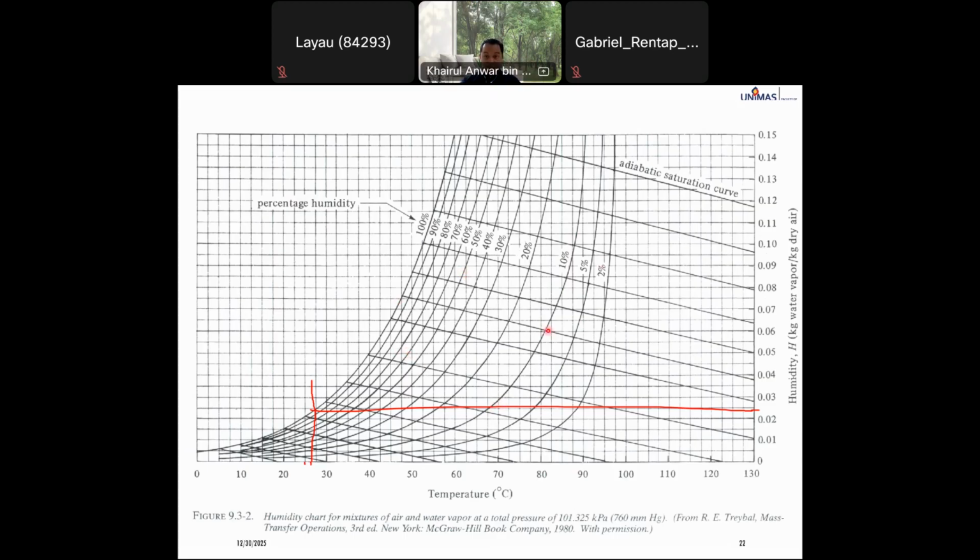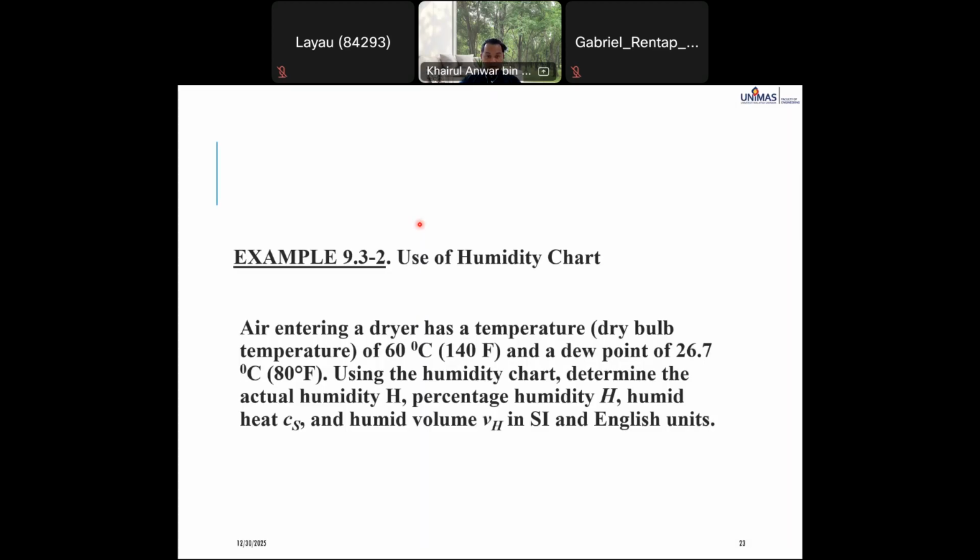All the percentage humidity lines HP and the saturation humidity line HS can be calculated from the data for the vapor pressure of water. For example, Figure 33.3-2 in the book. Here it is 9.3-2, based on the whole book.